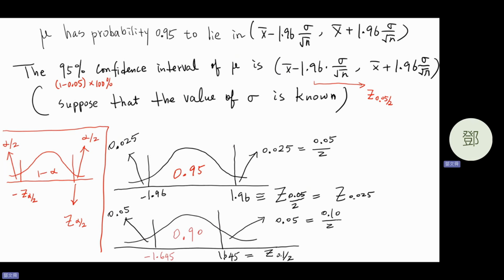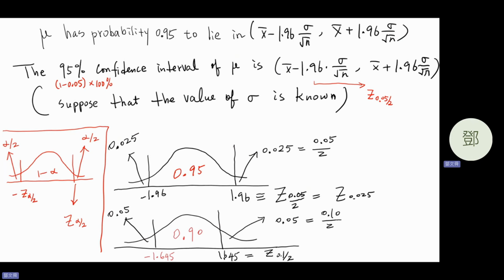Here we have a notation for 1.96. It is defined as Z sub 0.05 divided by 2. Why? Because the area to the right of this number is 0.05 divided by 2.